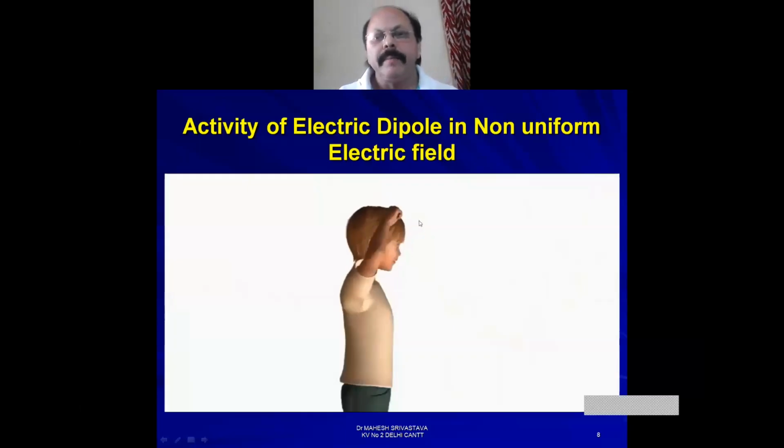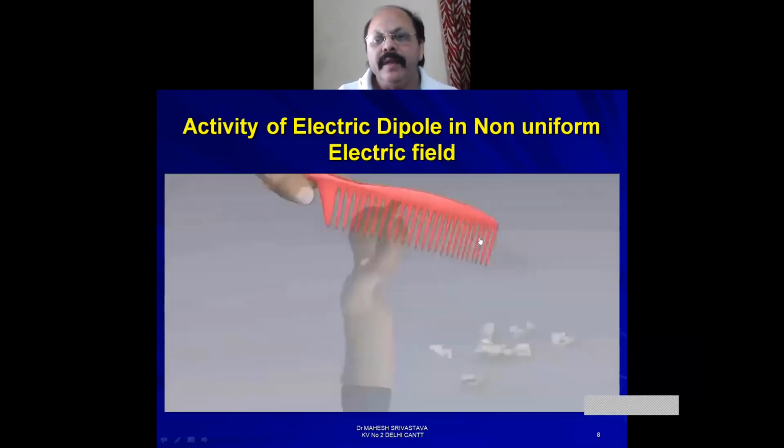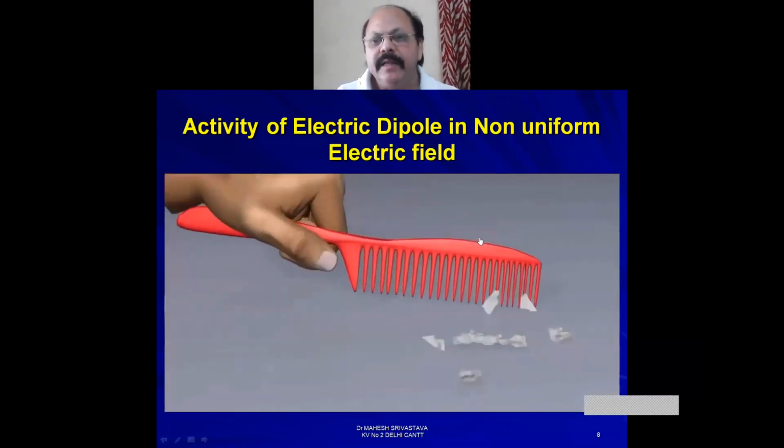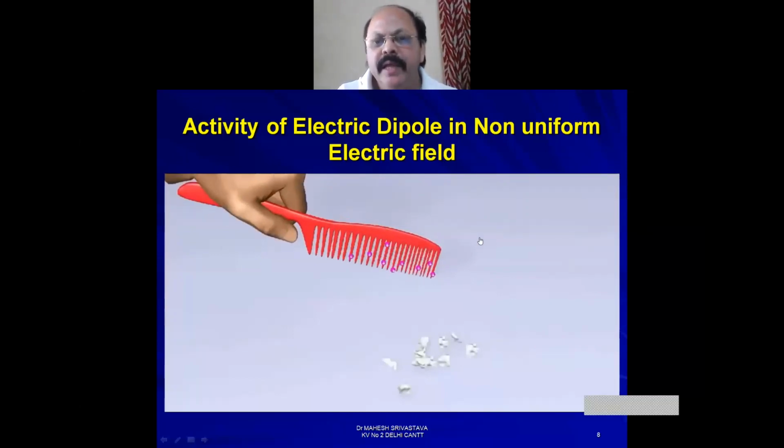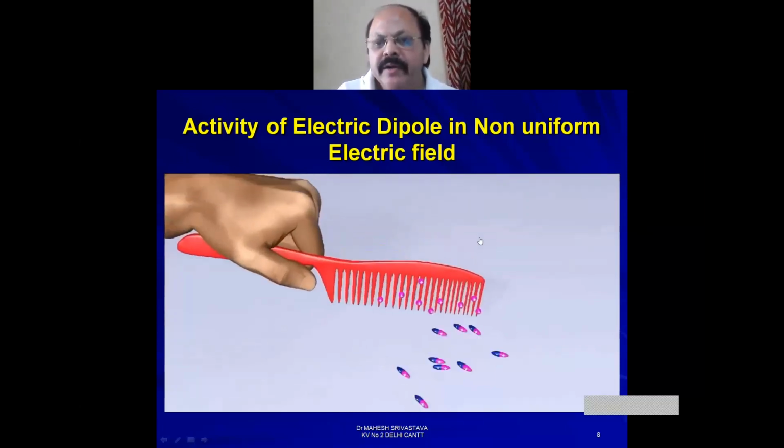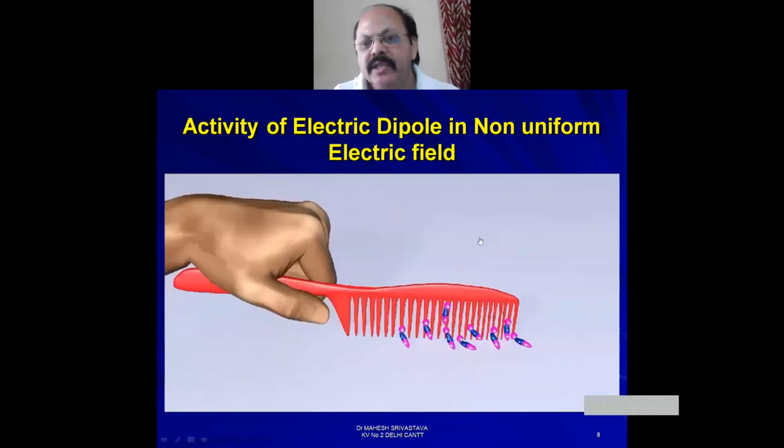See here, the comb runs through the hair, then it gets charged, and this charged comb is brought near the pieces of paper. It induces an electric dipole moment on the pieces of paper, and then they are attracted towards the charged comb because of the induced dipole moment.